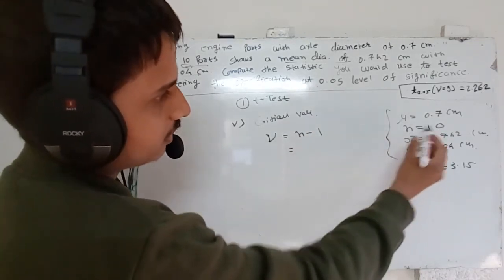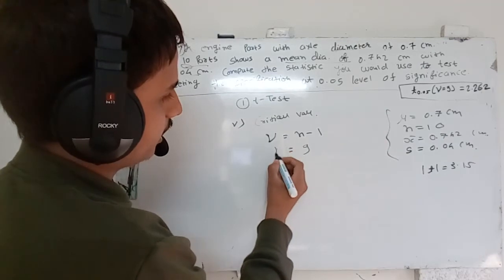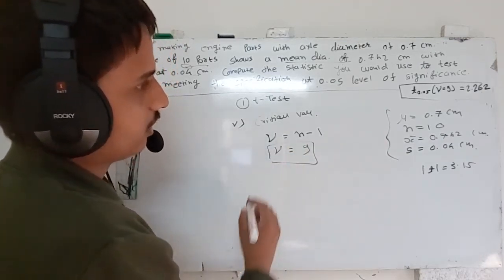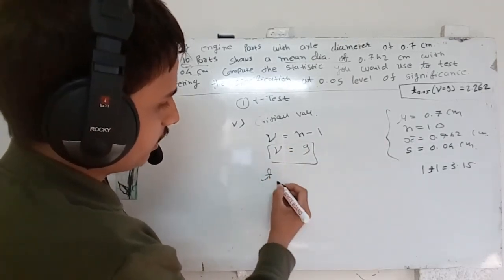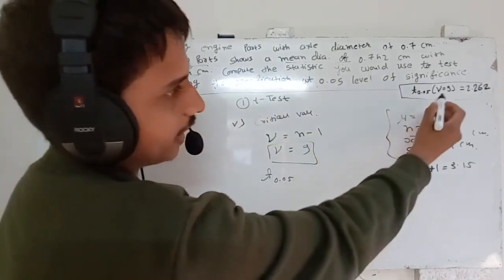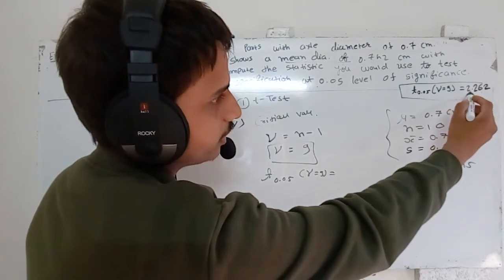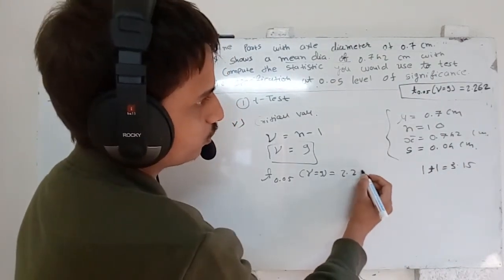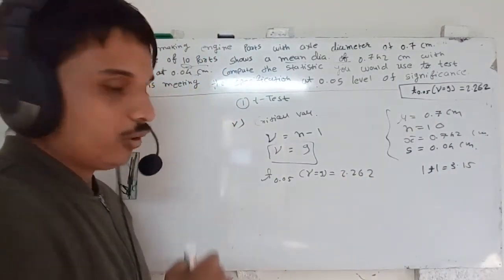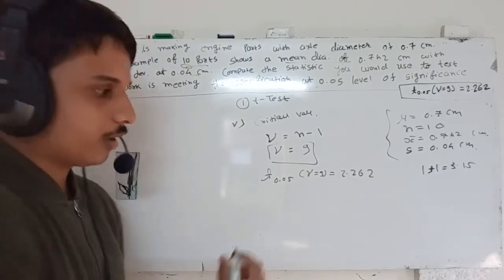N minus 1 is 10 minus 1, so it is 9. Degrees of freedom is 9. So t 0.05 at 9 degree of freedom is given in the question. It is 2.262.